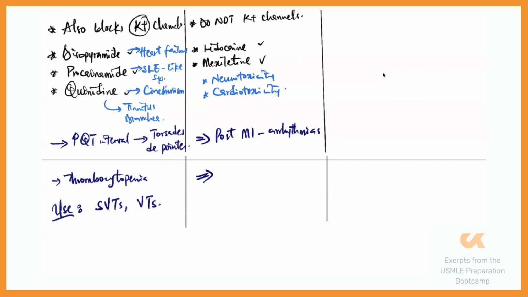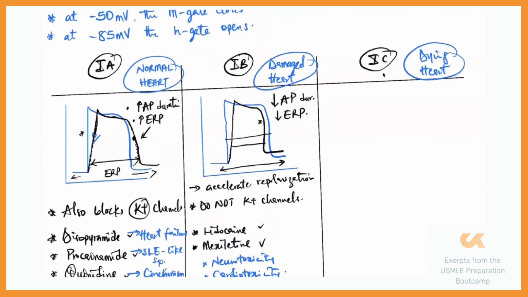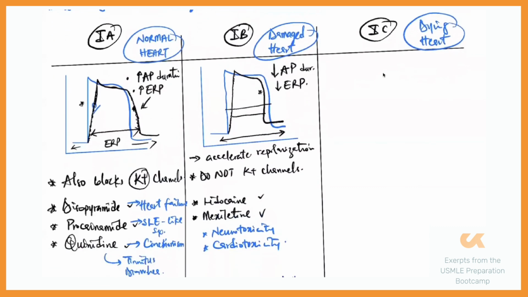The second thing they are used for is to treat digoxin-induced arrhythmias. Finally, we have class 1C medications, which we said are used for dying heart.